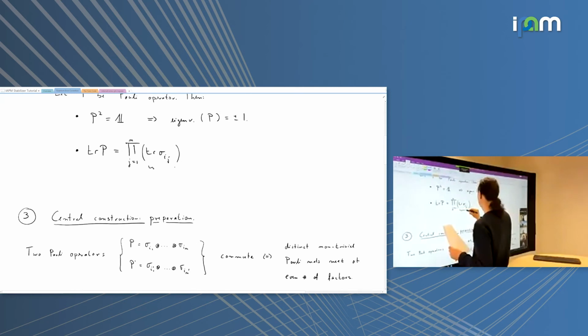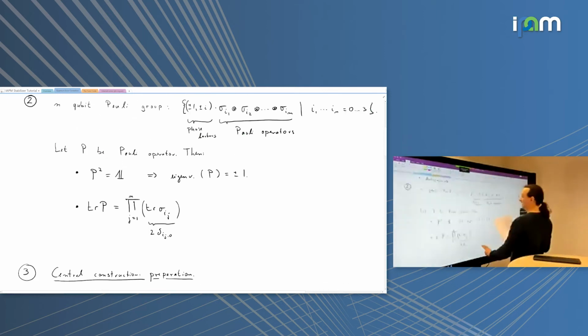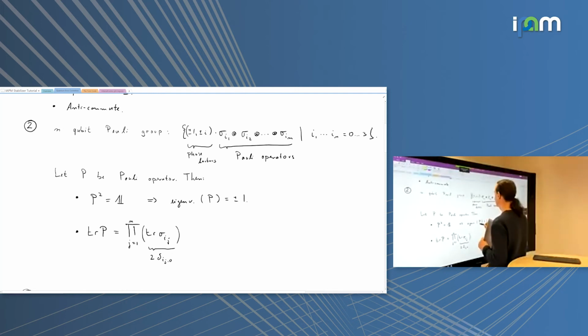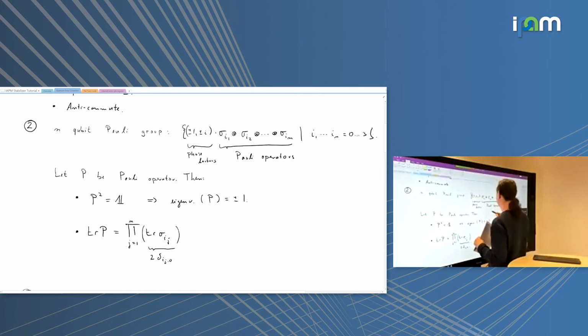Question? Why do these things have to square to be identity and not plus or minus identity? Very good question. Oh, great to see you, by the way. This is Joseph. Great to see you. I recognize your voice. Good to hear from you. So, maybe my language was not so clear. By convention, a Pauli operator is just one of these tensor products without any phase factors.